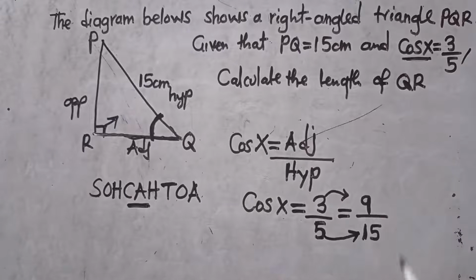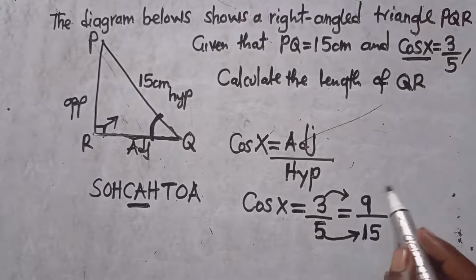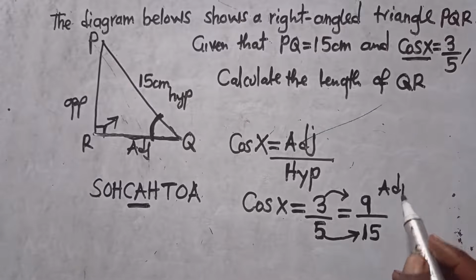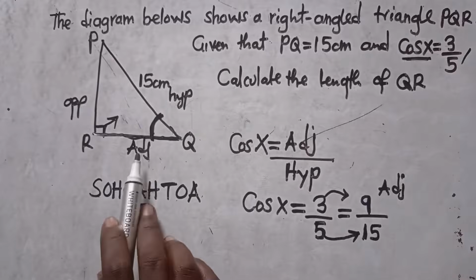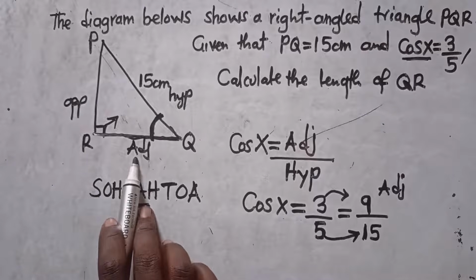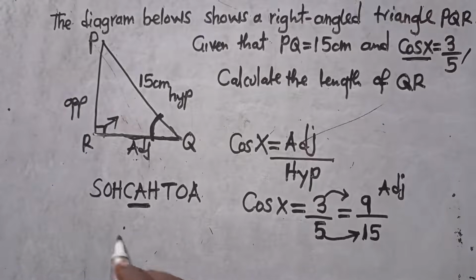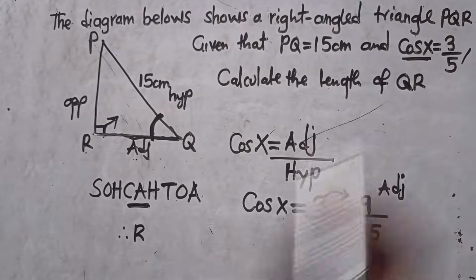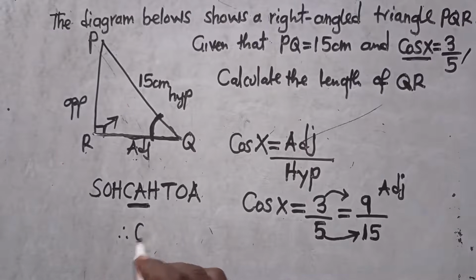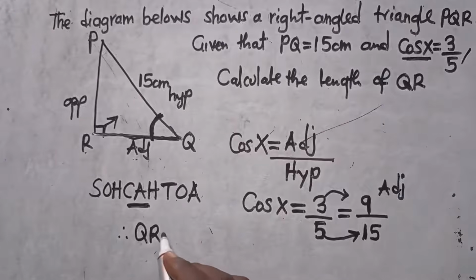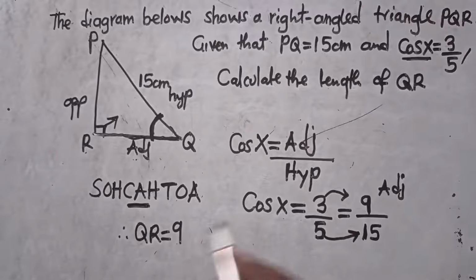This is the adjacent we found. Therefore, QR is equal to 9 centimeters. You are done.